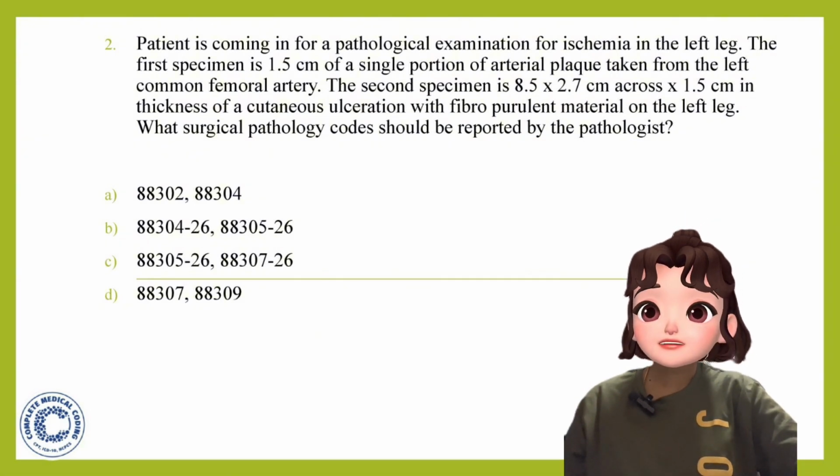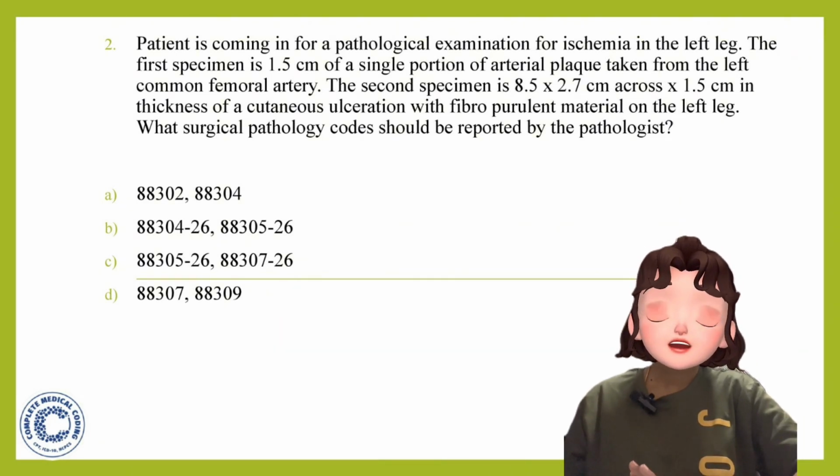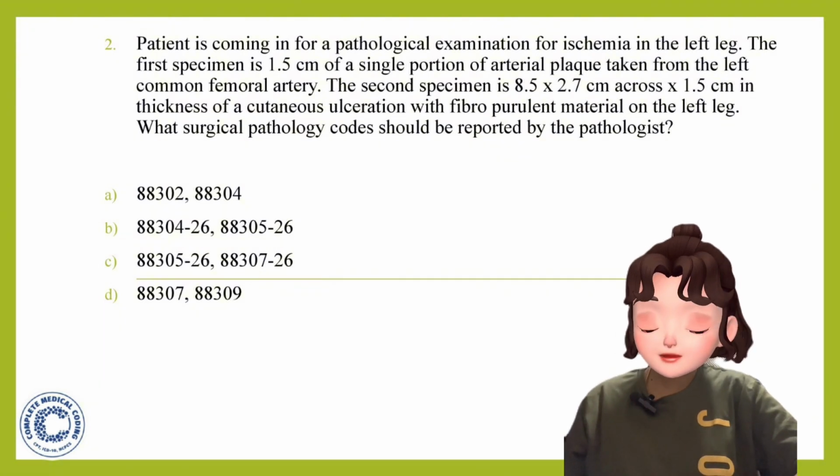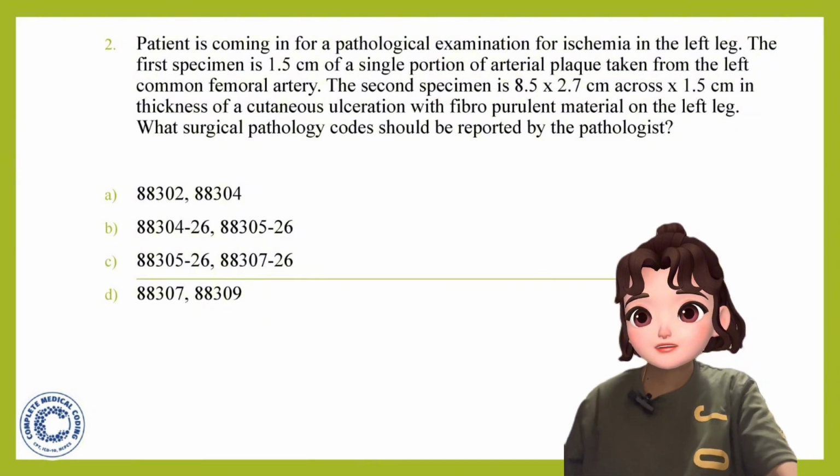You have to check whether the first specimen is from the left femoral artery and the second one is from the left leg. You have to find out whether these two locations are included in the code. When you check 88302, the first specimen, from the left femoral artery, is not included in 88302.